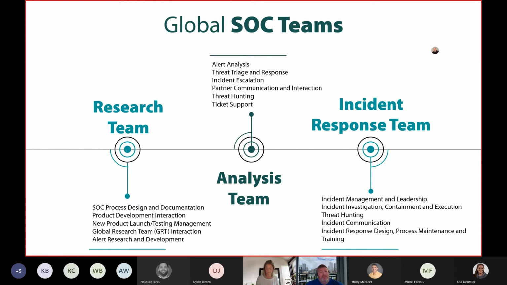One of the things that we were able to do is, when some partners were hit with that Hafnium attack a few months ago, the way that we manage our SOC is we were able to proactively go and look at other partners of ours that maybe hadn't been tied up in that attack, but could be open to it or susceptible to it. We were able to proactively go to them and say, listen, here's what's going on right now. You could be a target based on some things we know about you. Here's what we can do to close those doors, or close those gaps. That all comes from our research team and our analysis team.